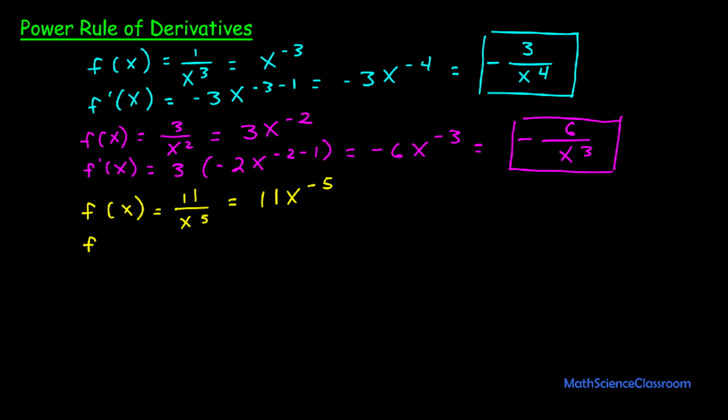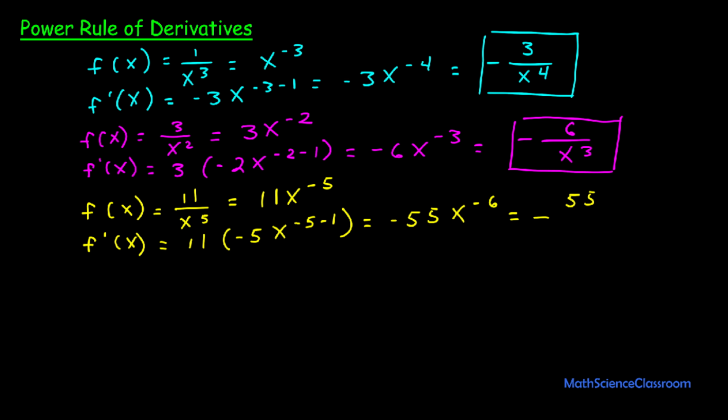So f prime of x equals 11, which is the constant, times negative 5x to the minus 5 minus 1. So we've applied the power rule. Then when we multiply that out, we have negative 55x to the minus 6 equals, then we get rid of the negative exponent, so it's negative 55 over x to the 6.